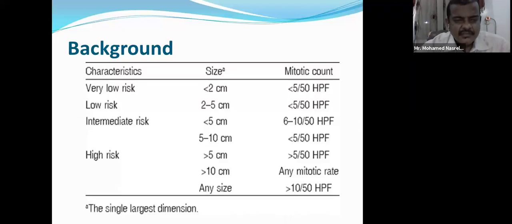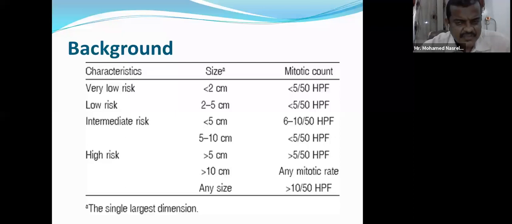This table represents the risk of the gastrointestinal tumors. Very low risk is in those tumors less than 2 centimeters with mitotic count less than 5/50 high power field, and low risk is 2 to 5 centimeters, less than 5/50 high power field.